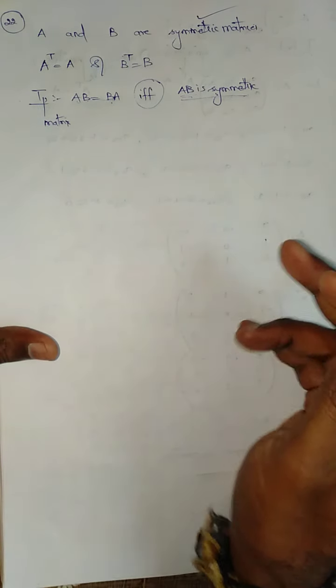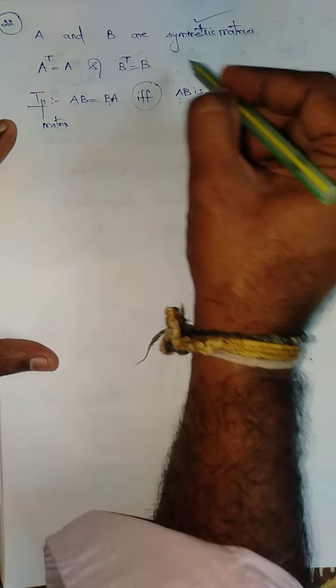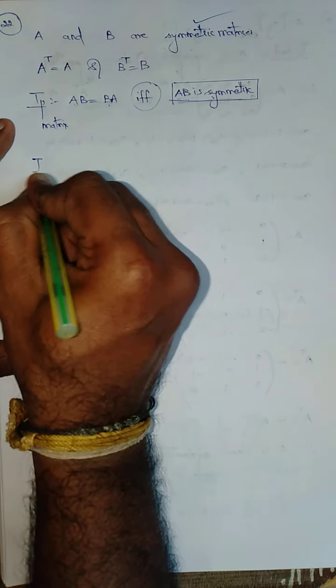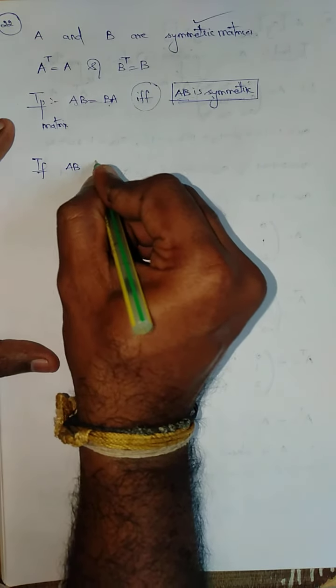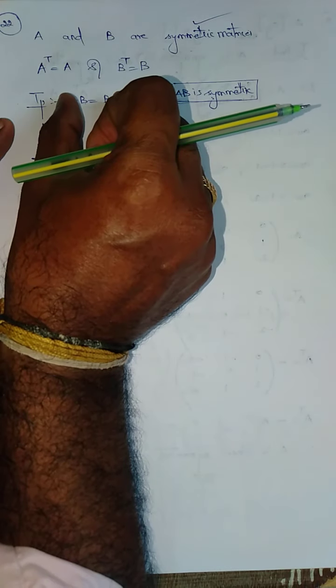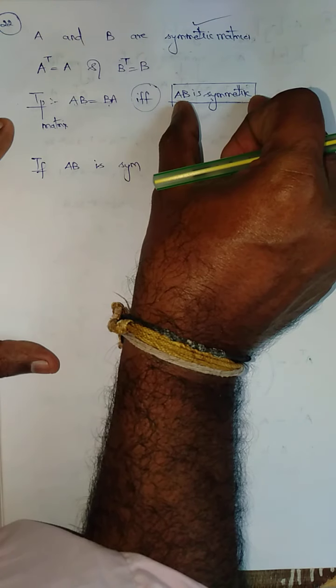So to prove this, you know the formula. I am going to consider AB is a symmetric matrix. If I take AB as a symmetric matrix, I want to prove AB equal to BA. If I take AB equal to BA, then I want to prove AB is a symmetric matrix.